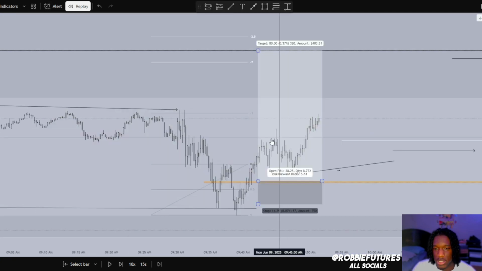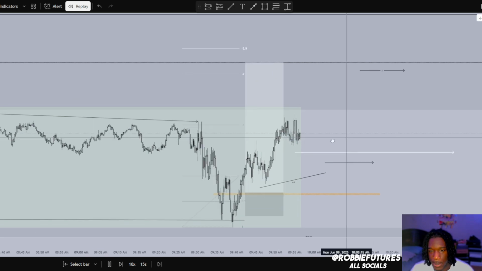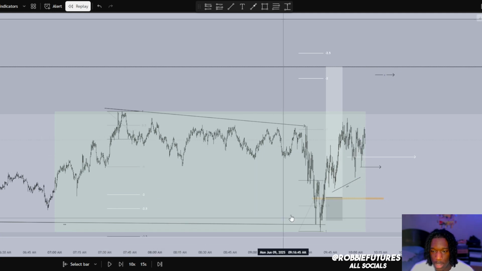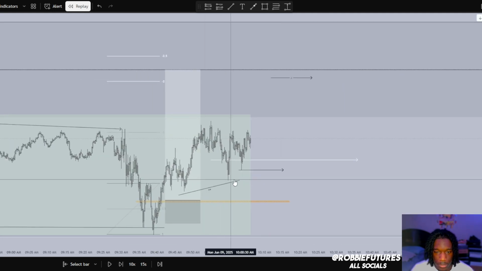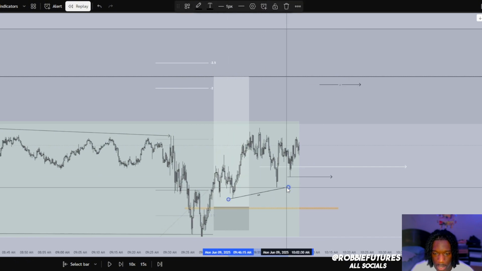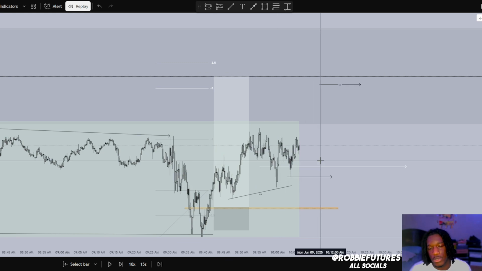So let's drop down to my 15-second time frame and just zoom forward a little bit. Chop, chop, chop. And then on this low right here, price created that SMT, right? So this is my trigger to say, okay, Rob, let's go long.